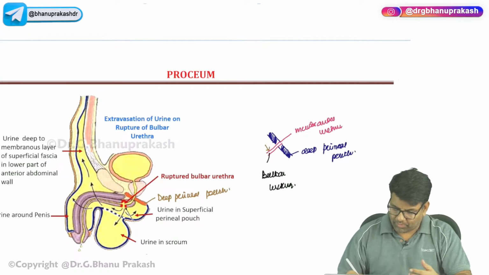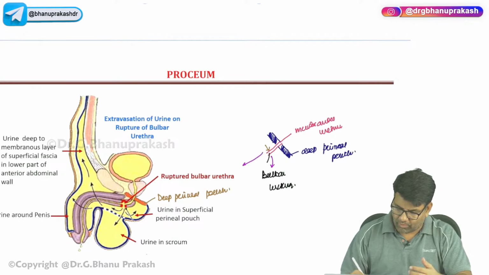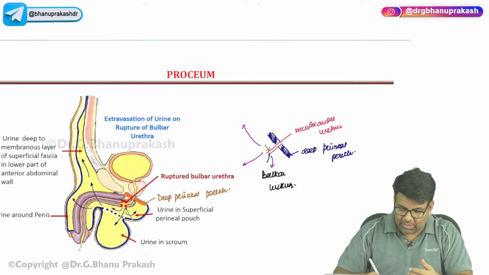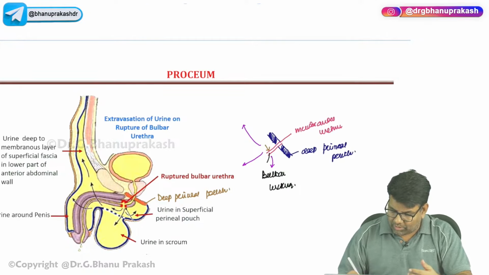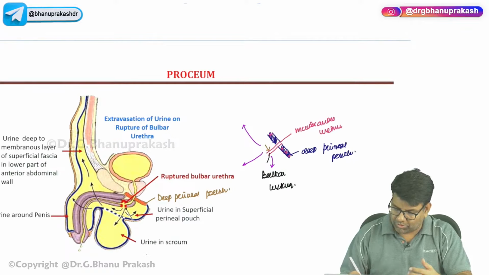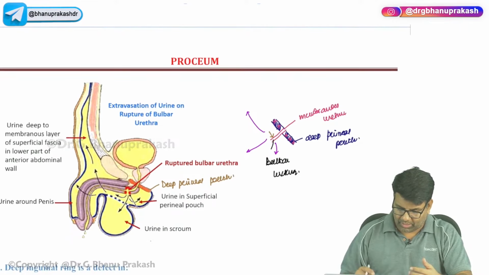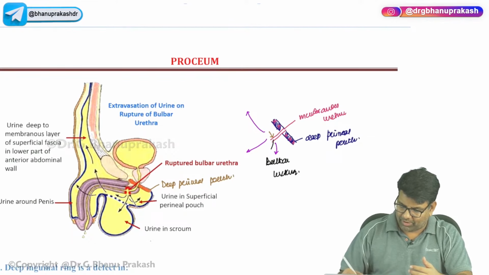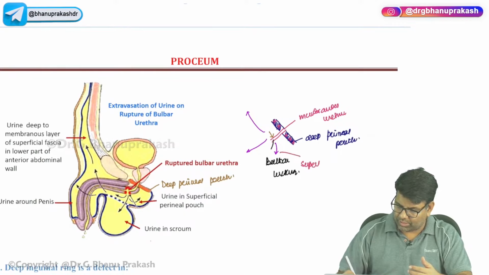Now if there is any rupture to the urethra at this point, the urine can go downward, it can go forward, or it can go upward, right? But it cannot go into the deep perineal pouch. So it will never go back into the deep perineal pouch. It can go into the superficial perineal pouch. So here this is the superficial perineal pouch.